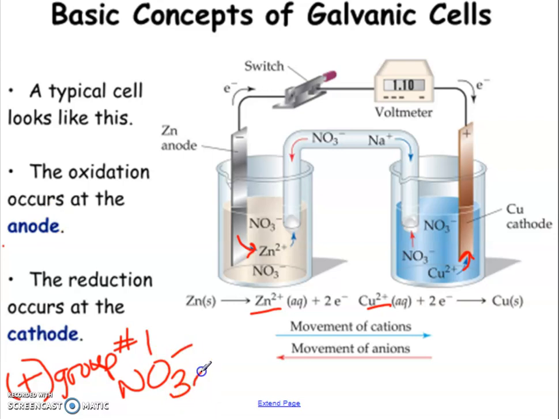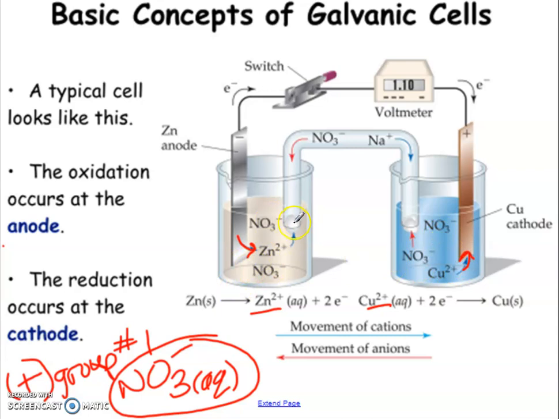And nitrate is the go-to for a spectator that is negatively charged. The reason is that, if you recall from the solubility table, nitrate does not precipitate with anything, so it will be non-reactive with any ion it comes in contact with. You don't want to choose an ion that will interact with something else and cause side reactions. Okay, so that's why you see nitrate on both sides.